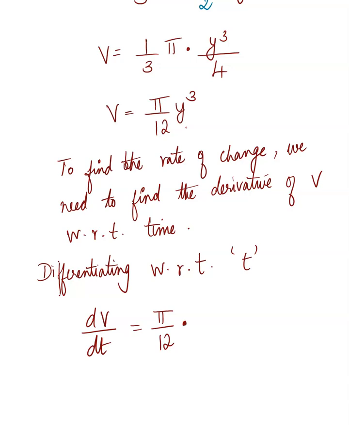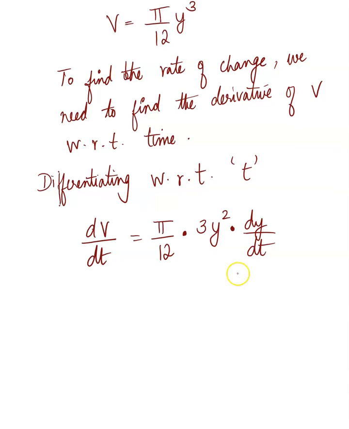As time goes on, y, the height of water, increases. So that's going to be 3y squared times dy over dt. Both these variables, v and y, are both functions of time. They're differentiable with respect to time.